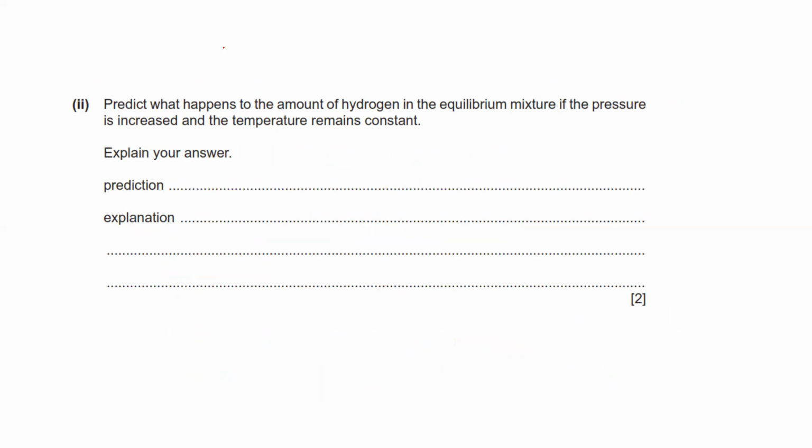So the pressure, remember, this is the equation that is given to us. In this equation, we have one solid and one gas on the reactant side, and then we have another solid and a gas on the product side.